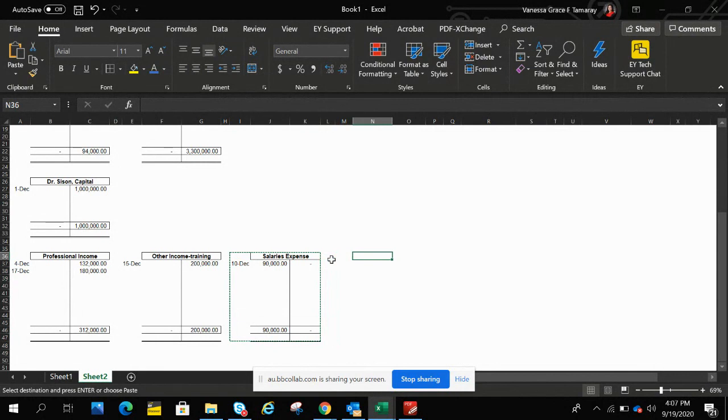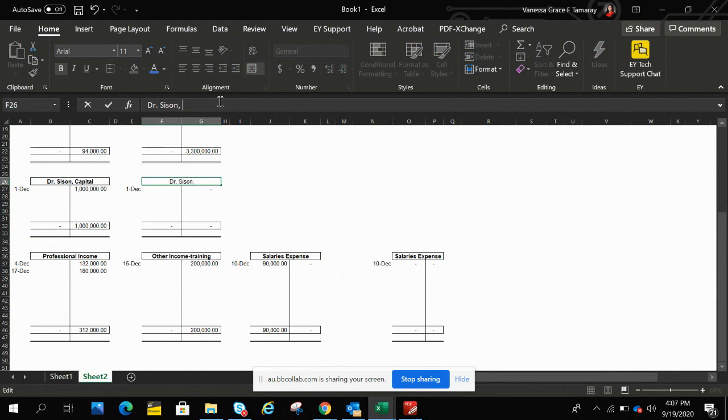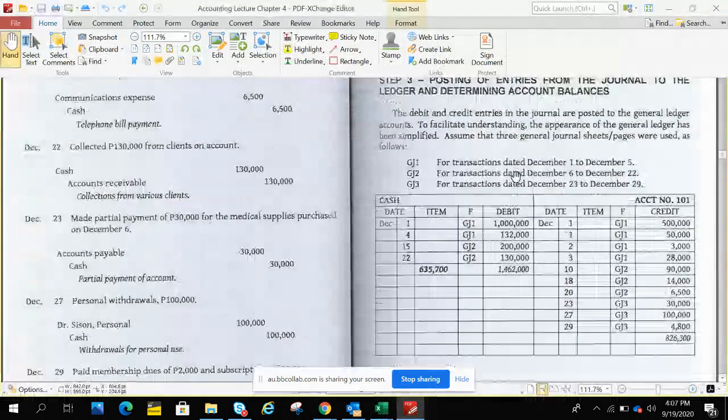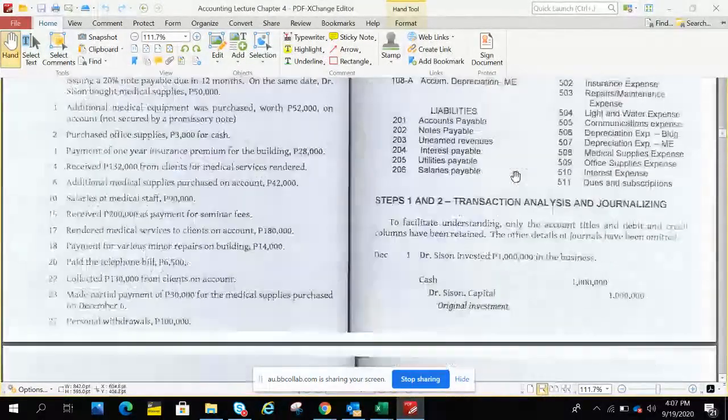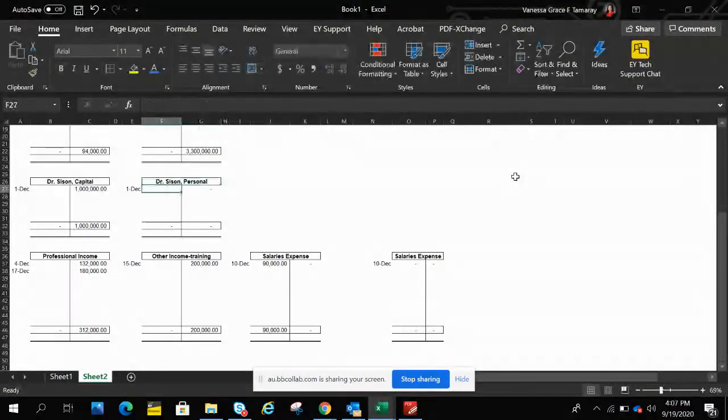Gawa na rin tayo ng drawings. Repairs expense.